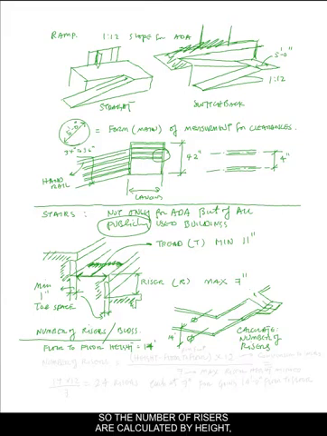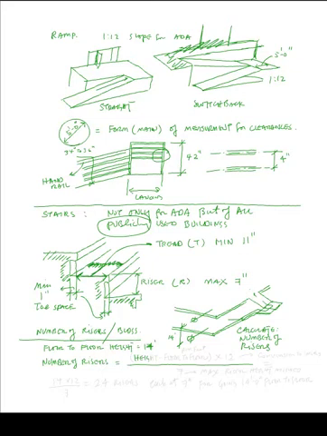So the number of risers is calculated by the height, floor to floor, multiplied by 12 and divided by 7.